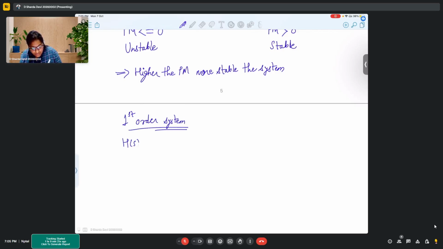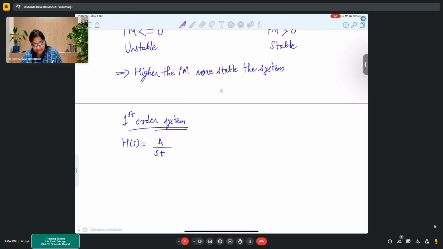The transfer function is a by... I'm only taking a left-hand side pole system, so I'm talking about a stable system, which is also a single pole system.